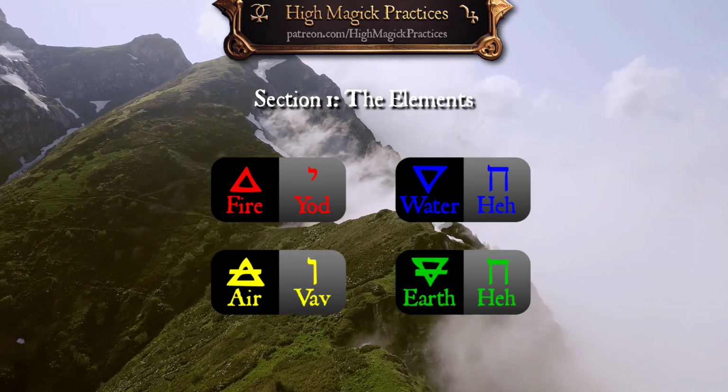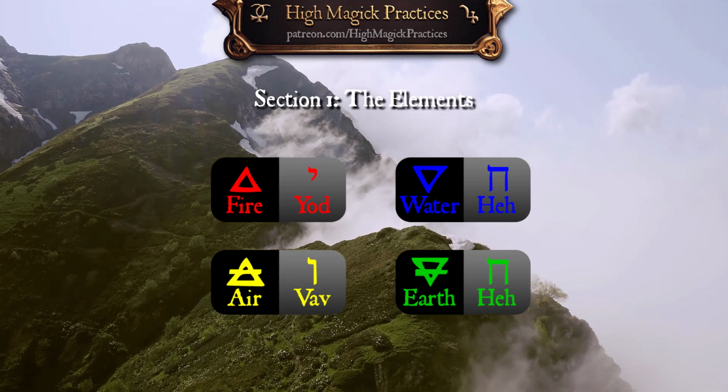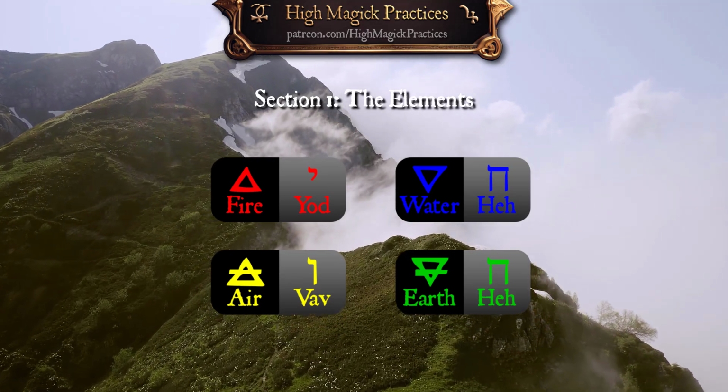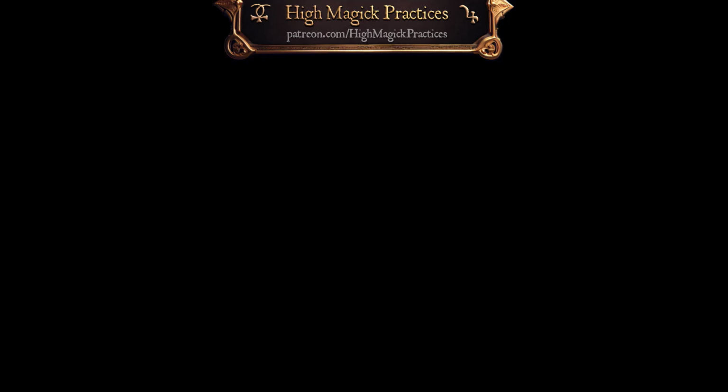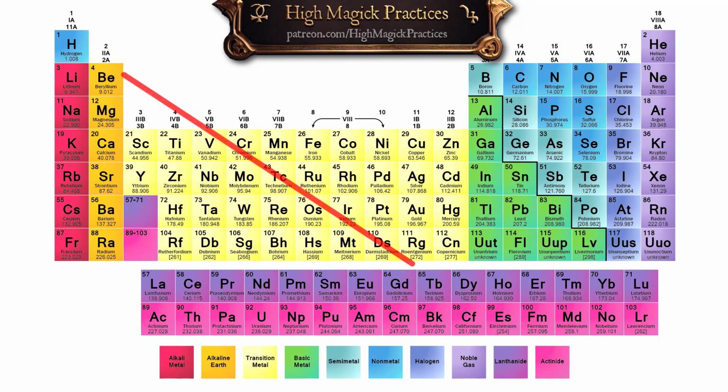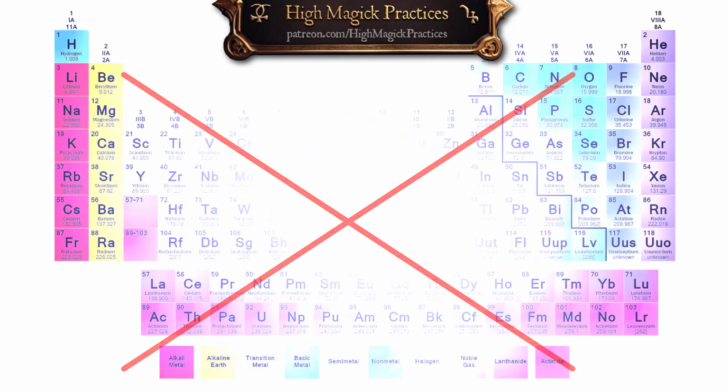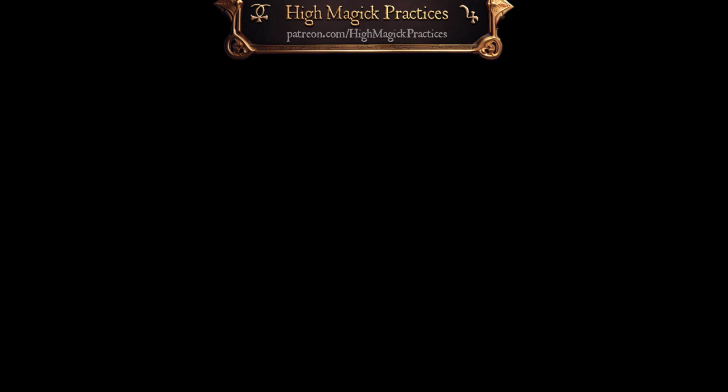They are the building blocks of all that exists, encompassing realms, kingdoms, and the forces of nature. Keep in mind that these elements should not be confused with the scientific table of elements, which represent their most materialized forms on the physical plane. Each element is associated with 2 of the 4 core qualities: heat, cold, dryness, and moisture.